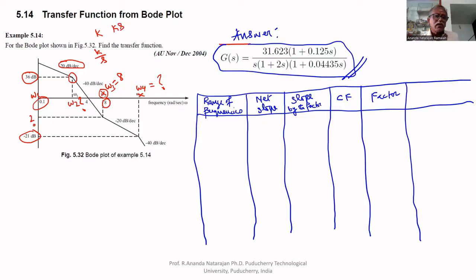Here, in the frequency range from omega 1 to omega 2, the net slope is minus 20 dB per decade, and the slope given by the factor is also minus 20. There is no corner frequency; initially there is a slope. That's why it is K by S.